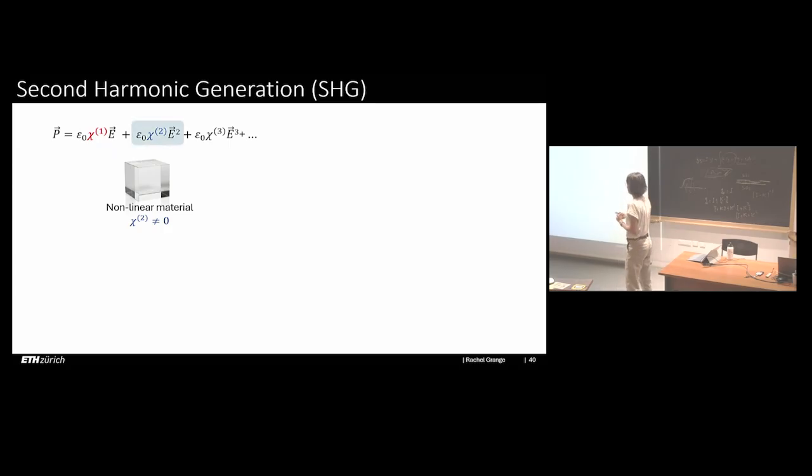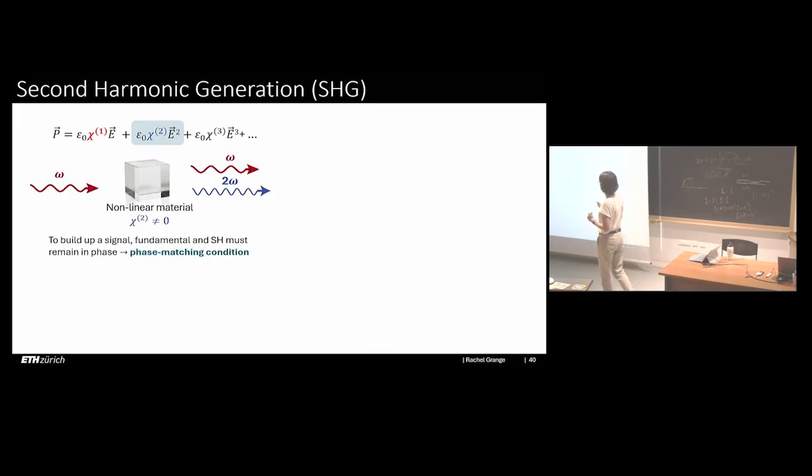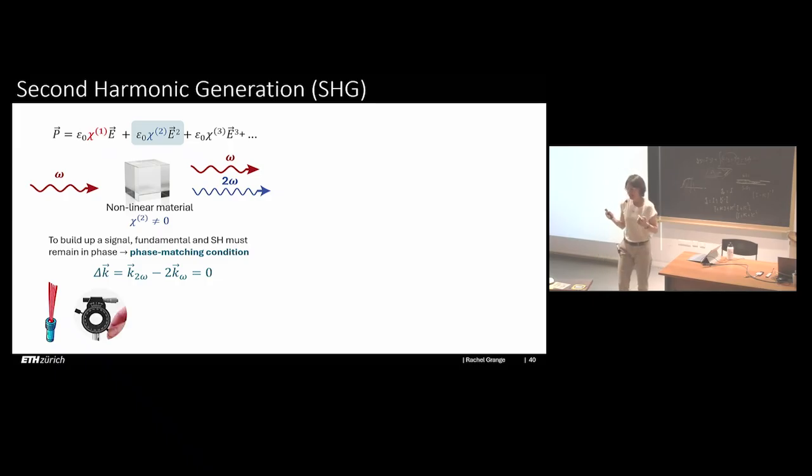And this is what is happening in a bulk crystal, right? If you want a strong signal, what you have to do is have your fundamental light remain phase matched with your nonlinear light. Otherwise, your delta K becomes non-zero, and this starts to destroy your signal. So there are many ways of matching the light.